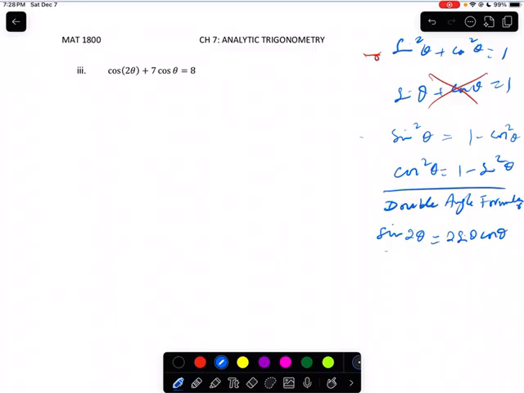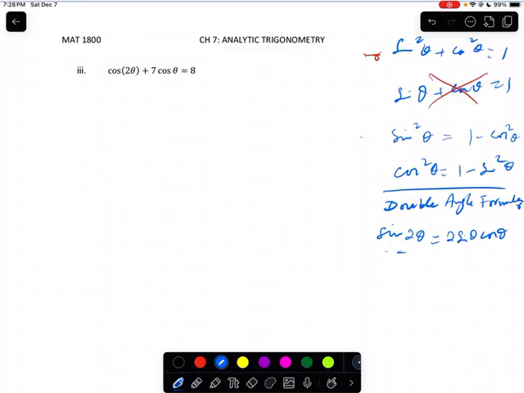If we have the double angle, how can we write it in terms of a single angle? That's what the double angle formula does. It changes from double angle to single angle. The half angle formula is the inverse of it, changing a single angle to a double angle.